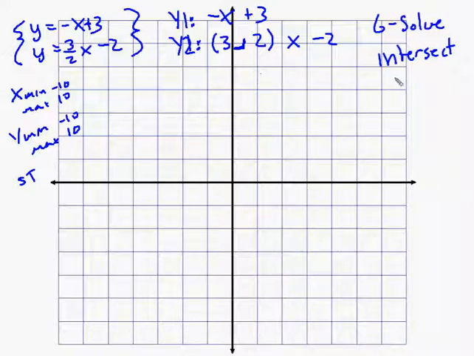Now, on a TI, if you're a poor TI person, you do not have this. You do have the intersect option, but it's going to ask you for, I think, a left bound, a right bound, and a guess. So you have 3 extra steps.